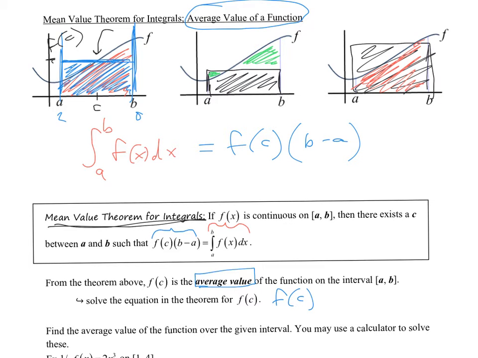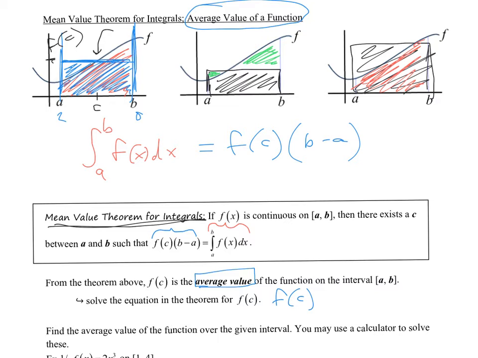So if the area under the curve represents the amount of snowfall, let's say it snowed 100 cubic inches, and I asked what was the average over the time interval, you would just do 100 cubic inches divided by however wide the time interval is. That's what average value is.